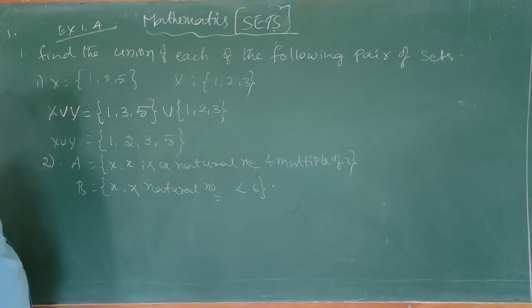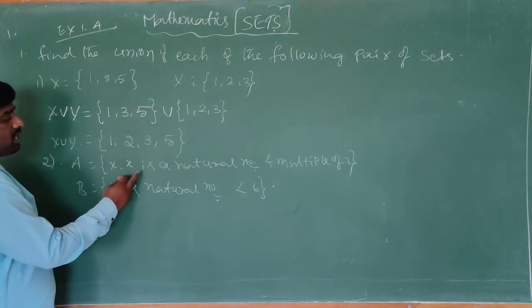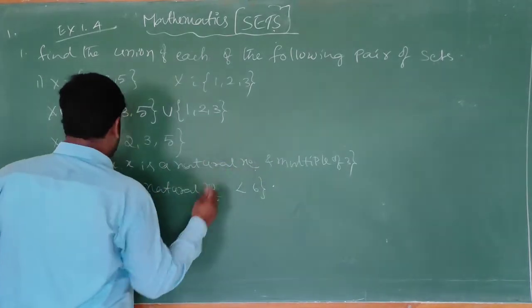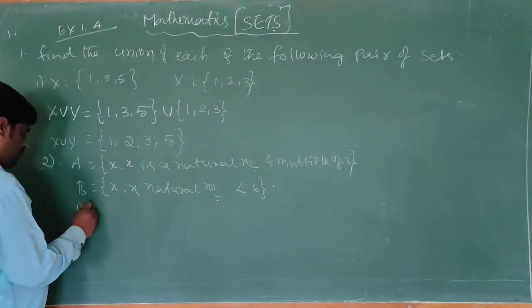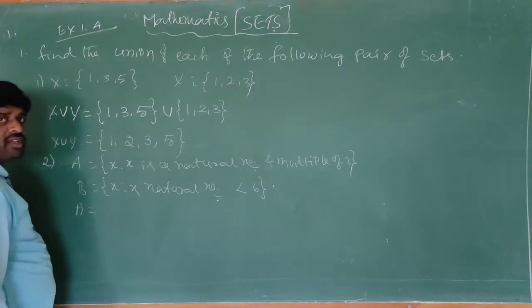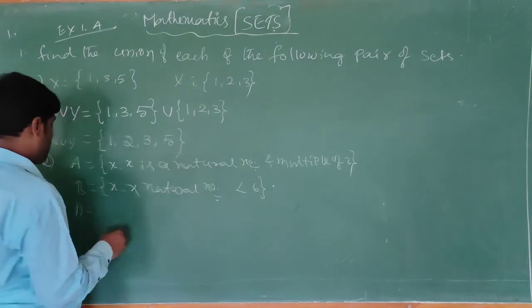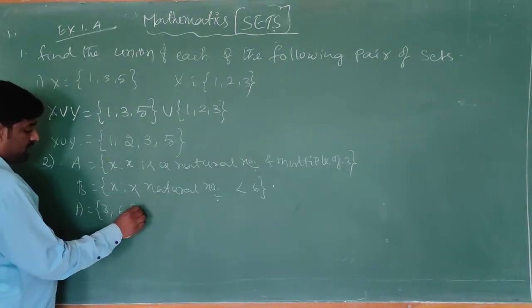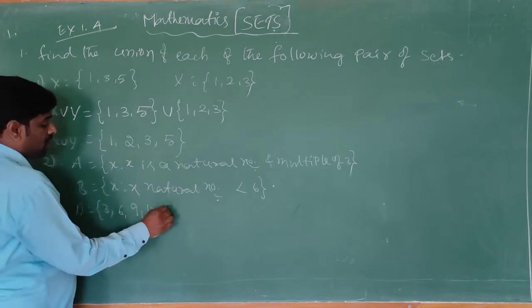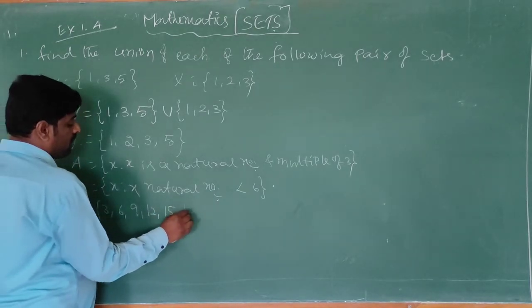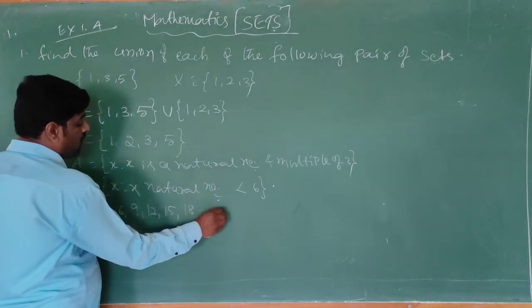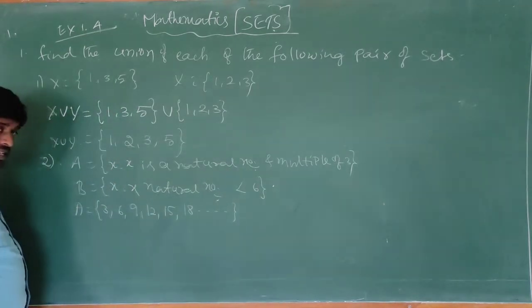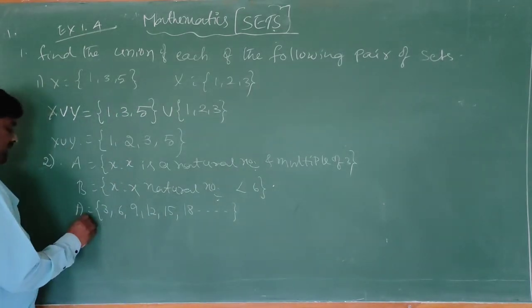Dear children, now this is set builder form, we should write roster form. Multiples of 3: 3 ones are 3, 3 twos are 6, 3 threes are 9, 3 fours are 12, 3 fives are 15, 3 sixes are 18, and so on. This is the A set.